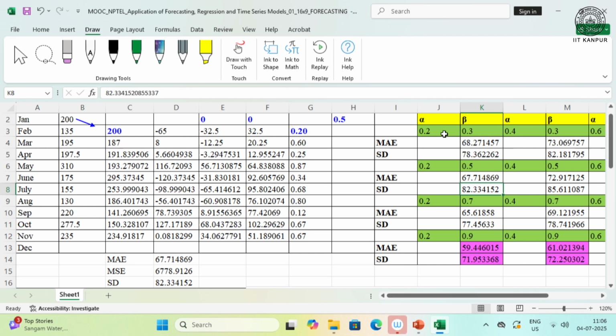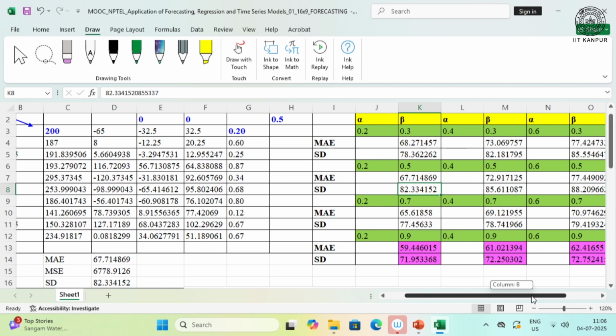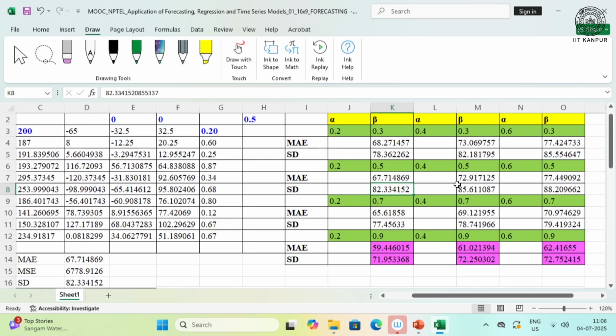Corresponding to that, as I keep changing alpha and beta, I have this table which I had shown in the last class. Now, if you see carefully, for a value of 0.9 of beta, the error is minimum. So, technically for lower value of alpha and higher value of beta, the error is coming out to be the least, at least in these instances where the problem has been solved.